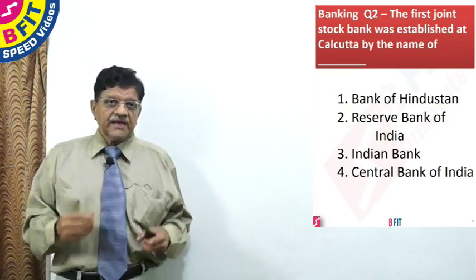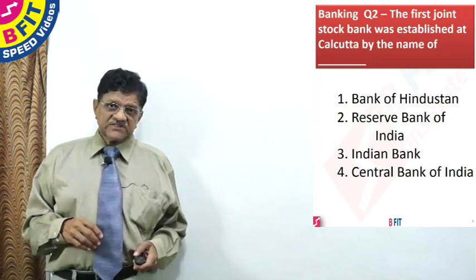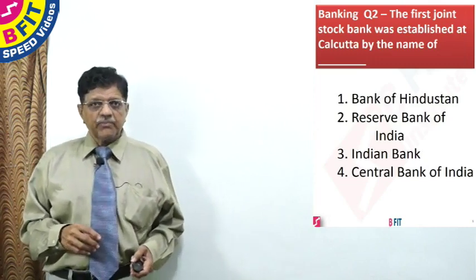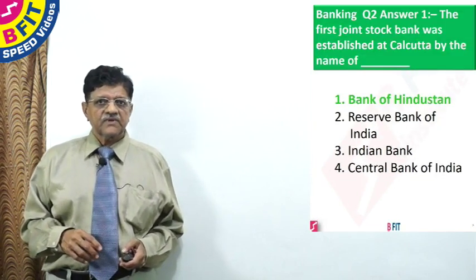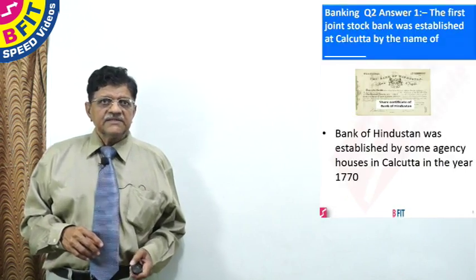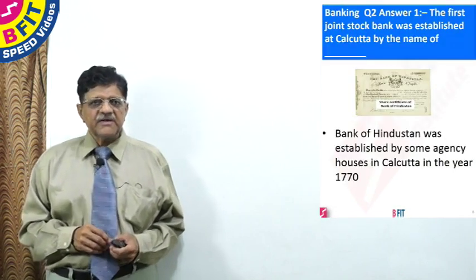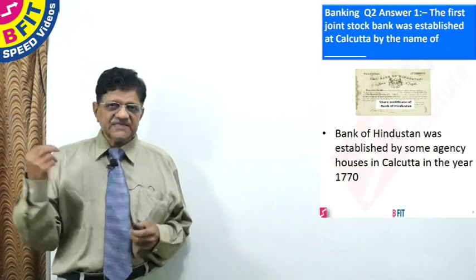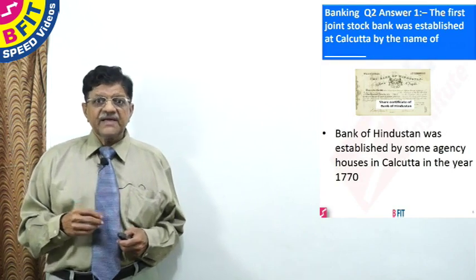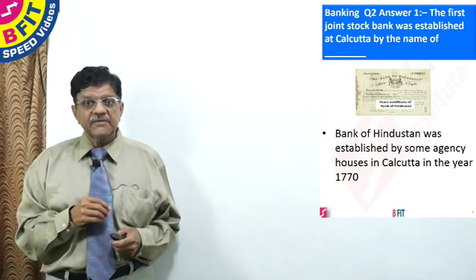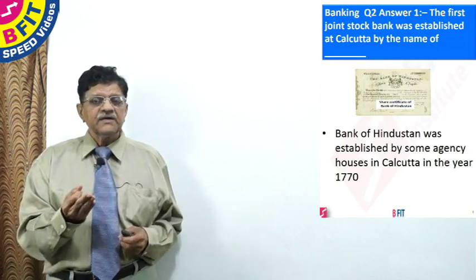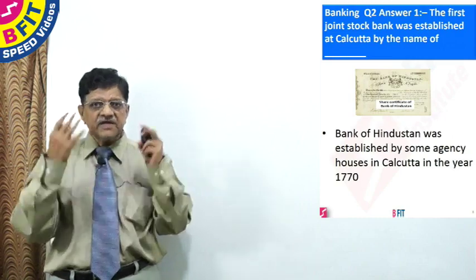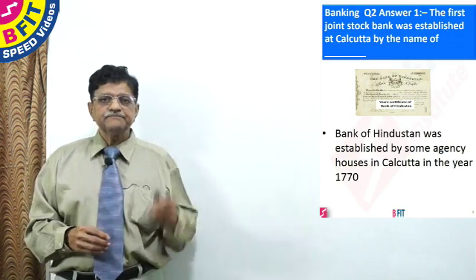So here in Calcutta, the first joint stock bank that was opened was Bank of Hindustan. And this Bank of Hindustan was established by some European agency houses in the year 1770. Imagine 1770, 1870, 1970, something around 250 years back.